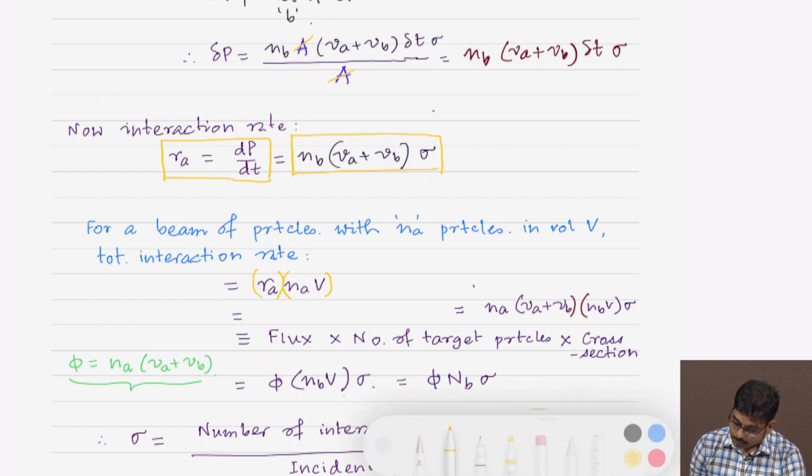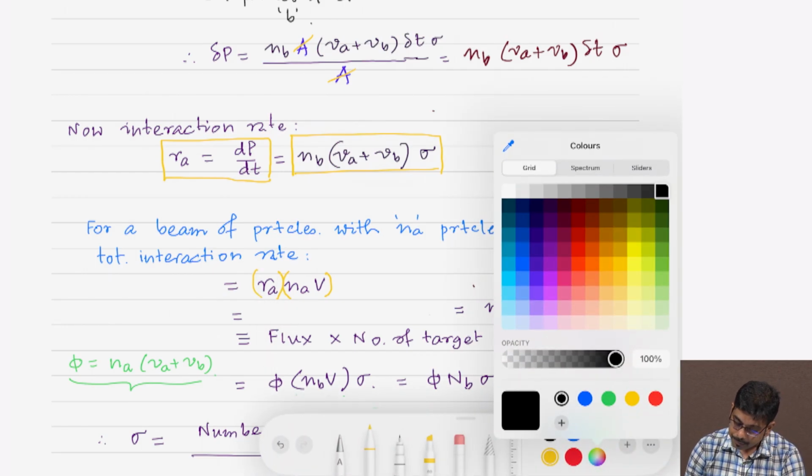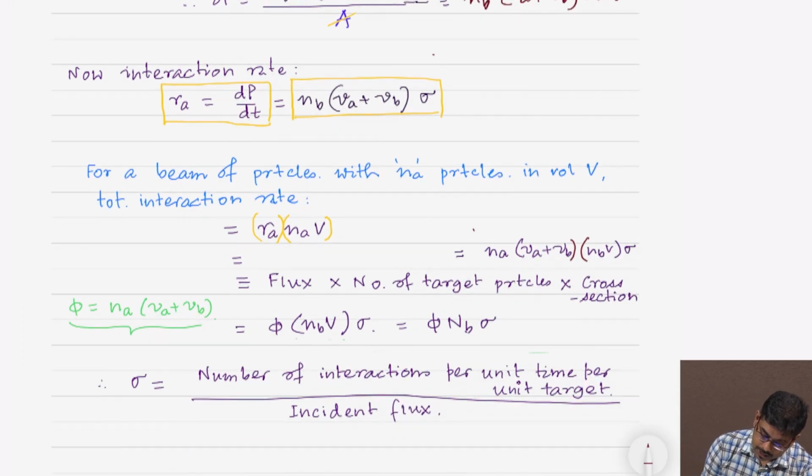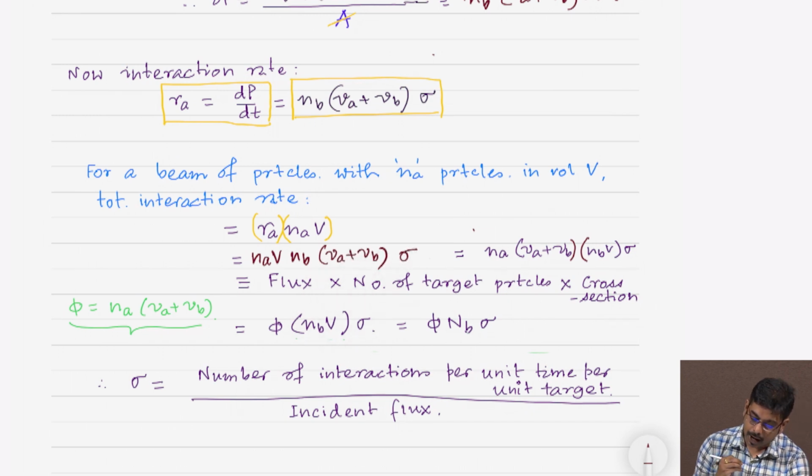So, let us write this quantity as we have found this expression above. This will be N_A into V into N_B into (V_A plus V_B) into sigma.